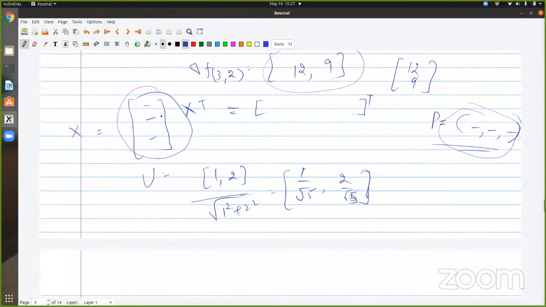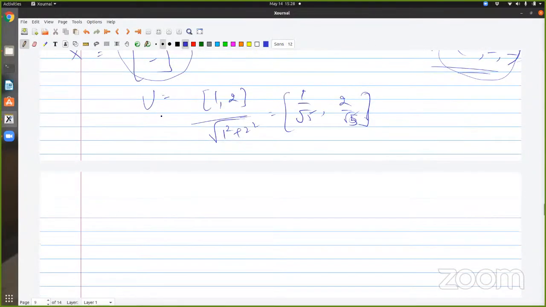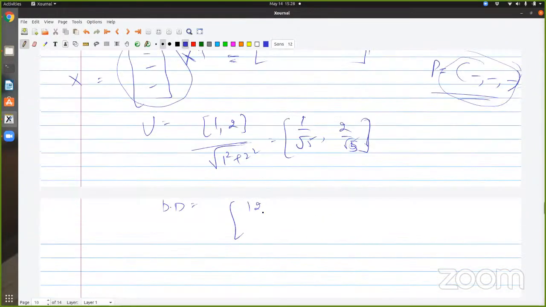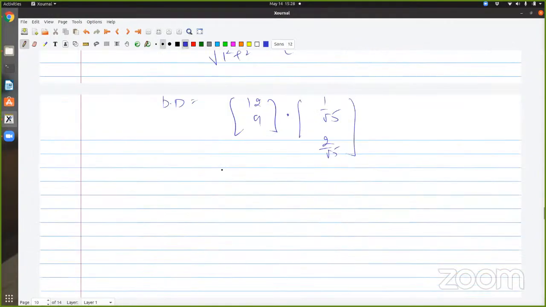Now we take the dot product of grad f and u, and that will be your directional derivative. So basically we have to take the dot product of (12, 9) with (1 by square root of 5, 2 by square root of 5).